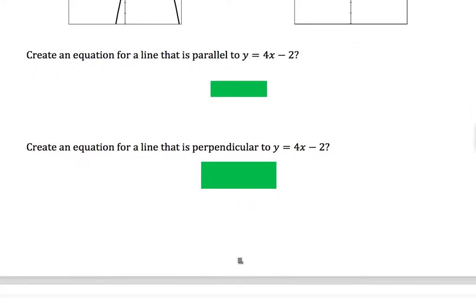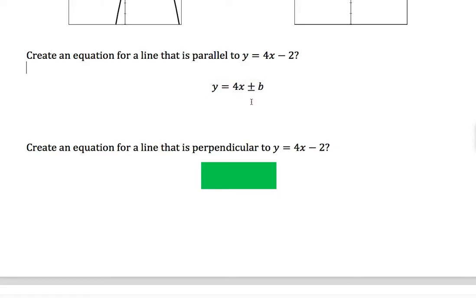Next one, create an equation for a line that is parallel to this equation. Well, parallel lines have the same slope. So right here, this 4, my equation, whatever equation I come up with, is going to have the exact same slope. So it needs to have the y equals 4 times x. And the y-intercept doesn't matter.